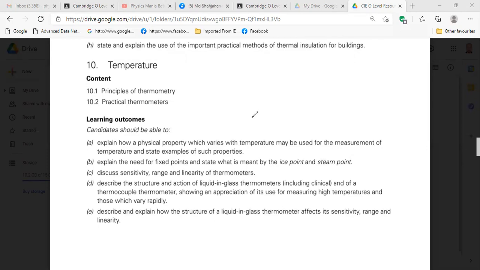Like if the temperature rises 5 degrees Celsius, if the expansion of the liquid thread is 1 centimeter, then for 10 degrees Celsius, the liquid thread will expand or increase 2 centimeter.